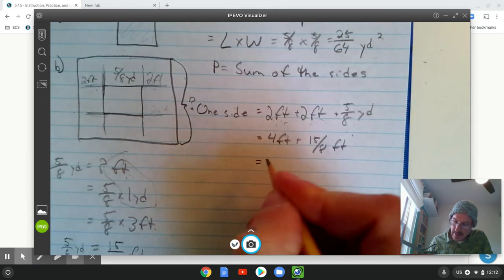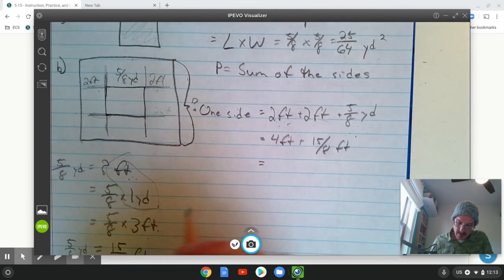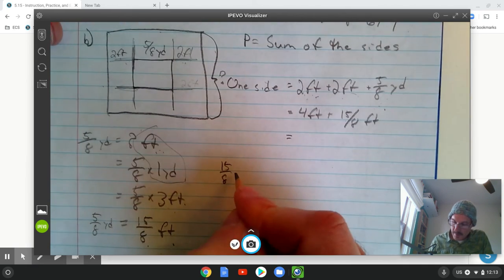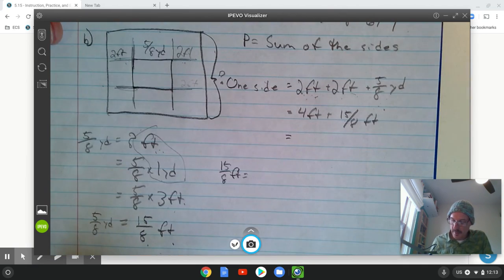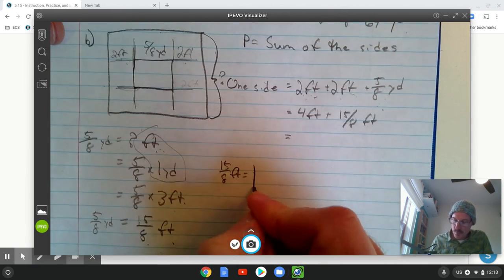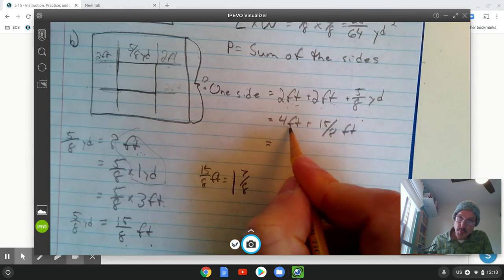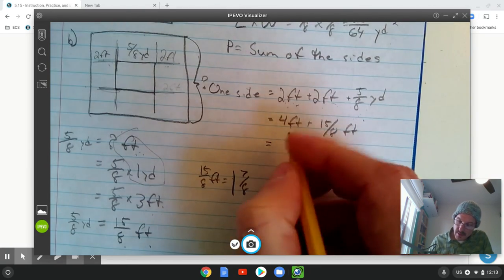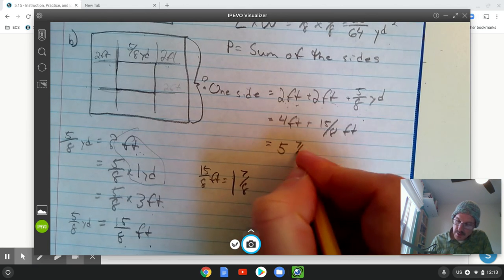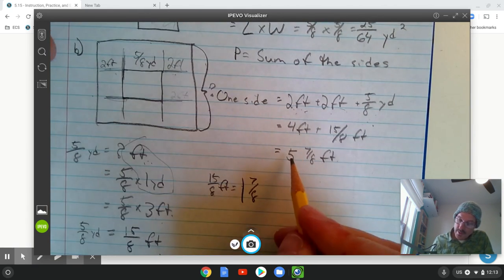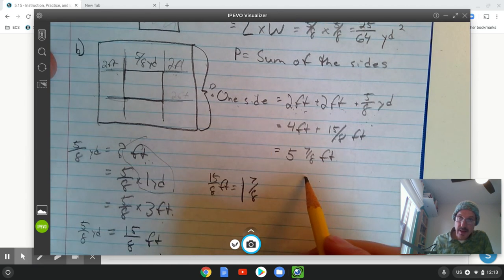Okay, so now I need to add those. 15/8 of a foot. Improper fraction. Let's turn it into a mixed number. Mixed number is 1 and 7/8. So 4 feet plus 1 and 7/8 is 5 and 7/8 of a foot. Okay, so that's what one side is. One side is 5 and 7/8 of a foot.